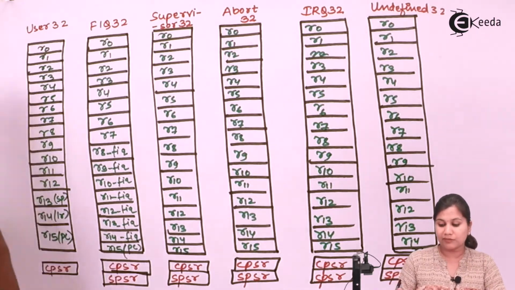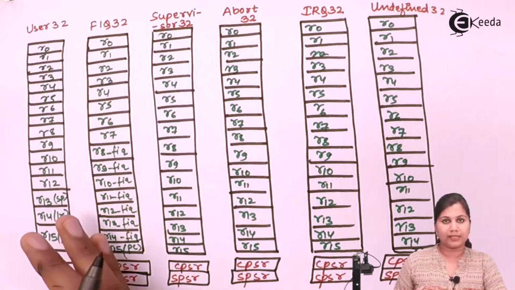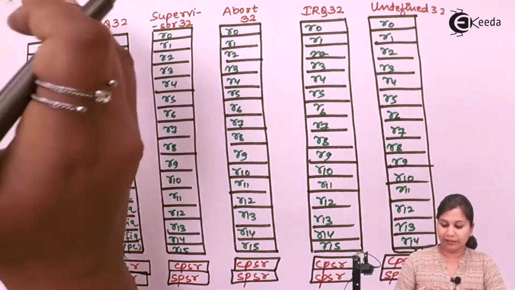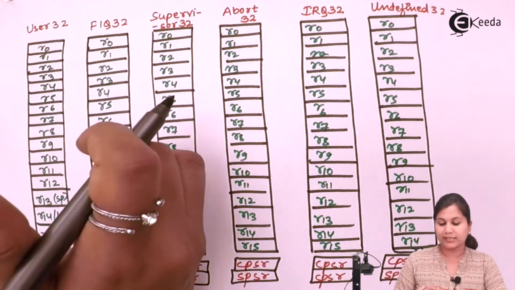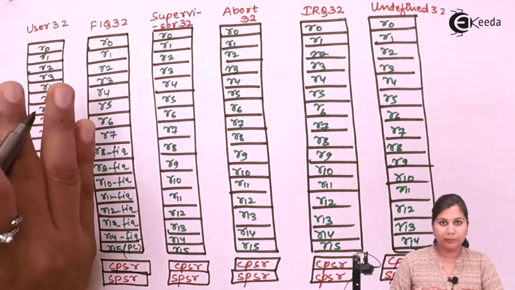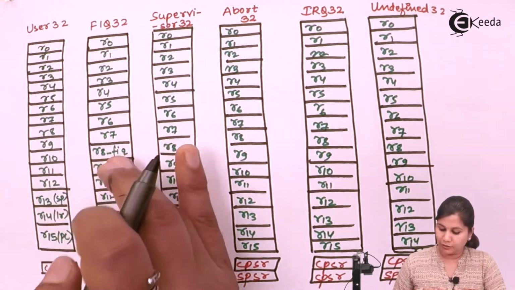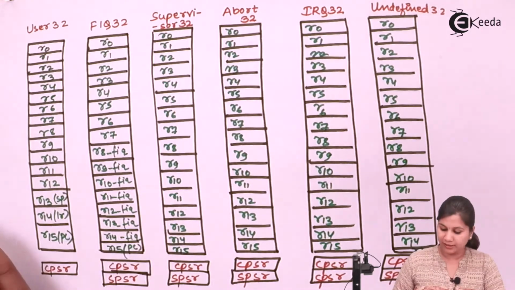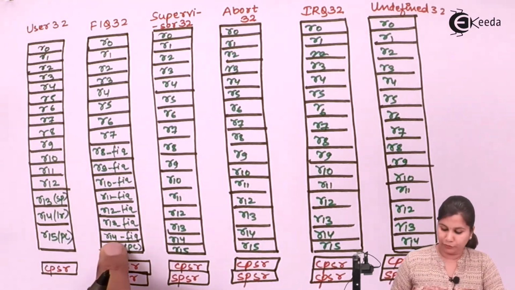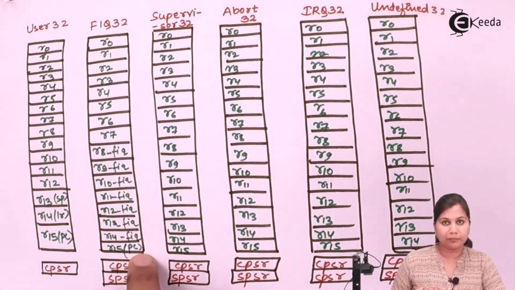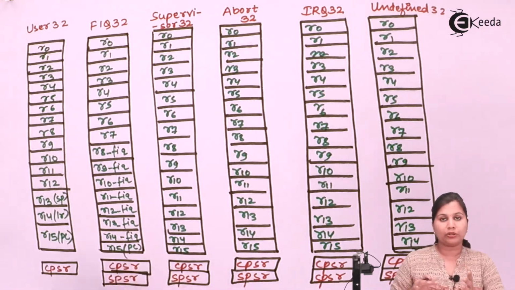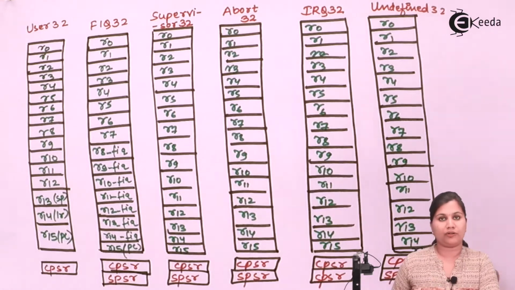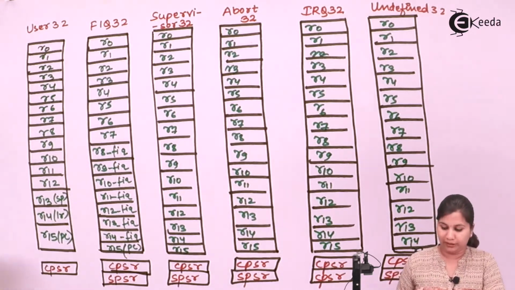Their functions change when the processor mode is different. Like in FIQ 32, R0 to R7 will be the general purpose registers, R8 to R14 will be the banked registers, and R15 is the program counter. So depending upon the mode, the function of these registers is different.